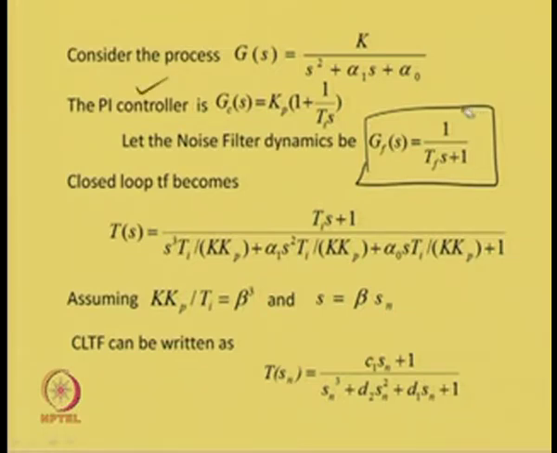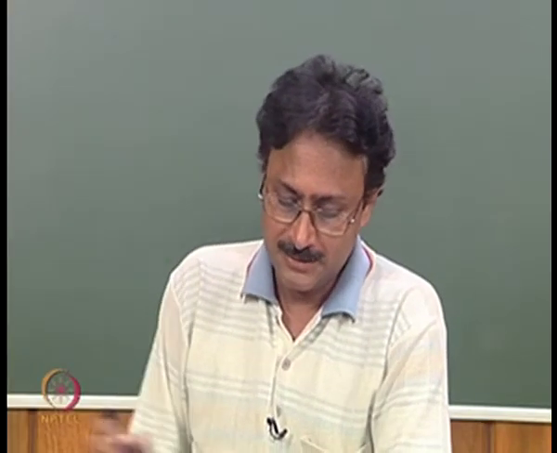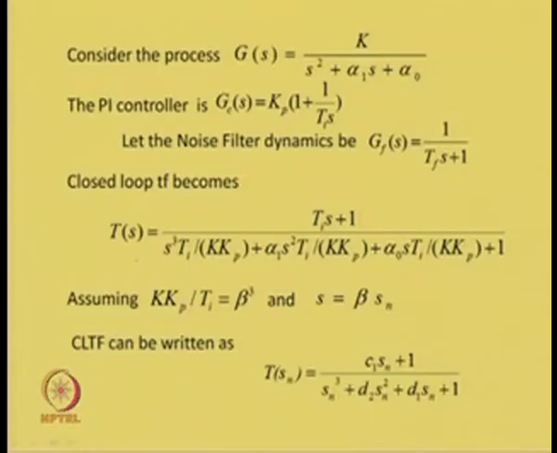The reason is that one pole-zero cancellation can be initiated and we can get a simpler closed loop transfer function. This closed loop transfer function one obtains provided Tf is equal to Ti. Please keep in mind, unless you make this assumption, you do not get a closed loop transfer function of this form.